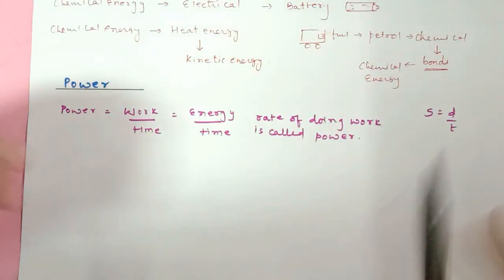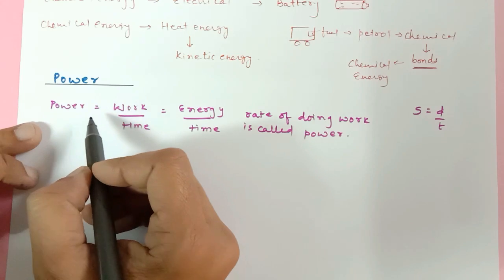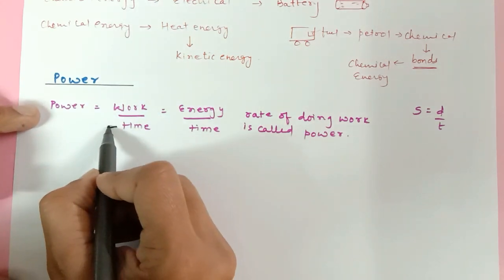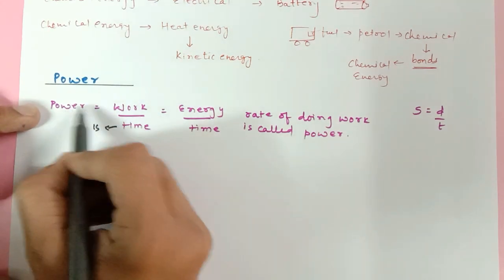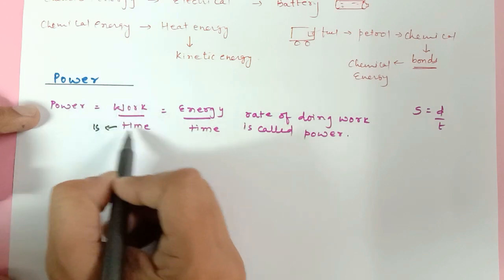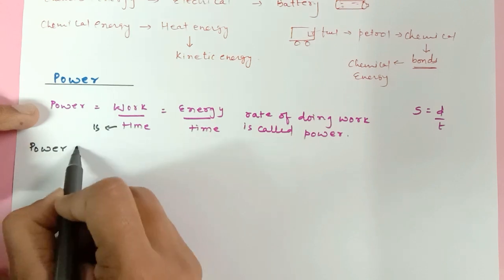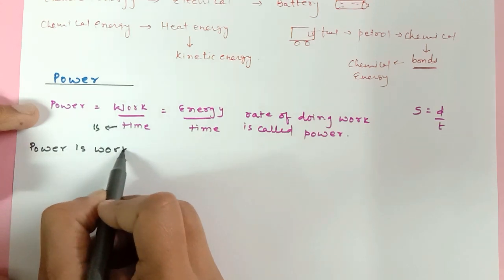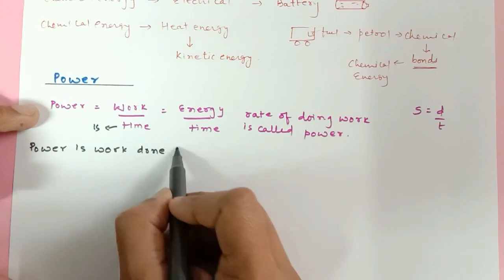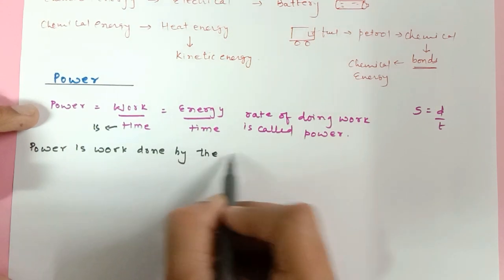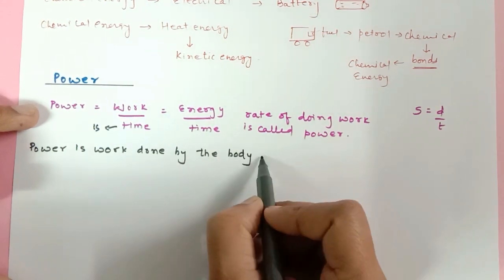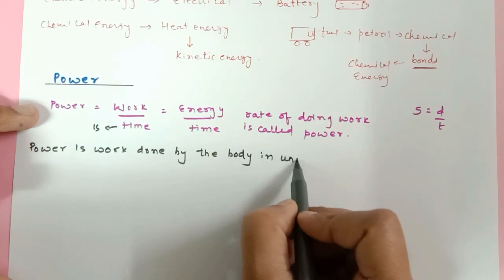Now if I write another definition, if I make this time 1 second, then power and work will become equal, because in the denominator we have 1, so this entire fraction is the work only. So power is work done by the body in unit time.